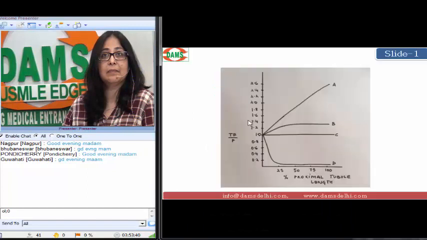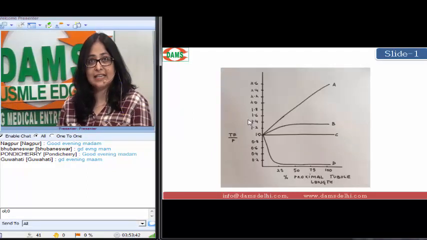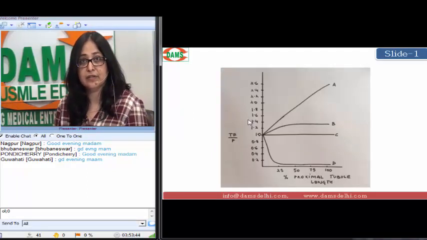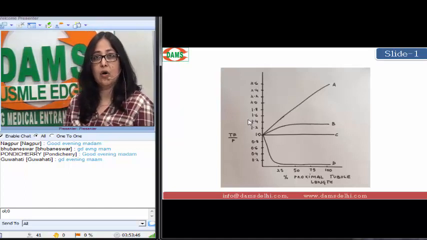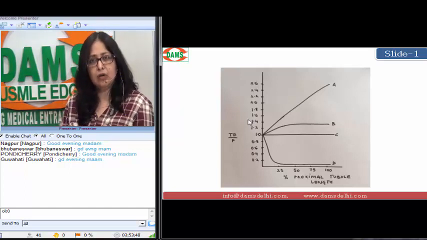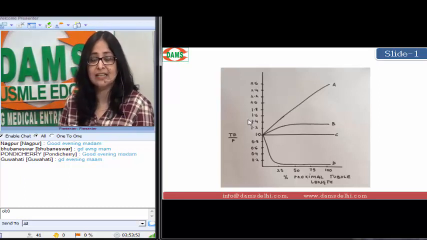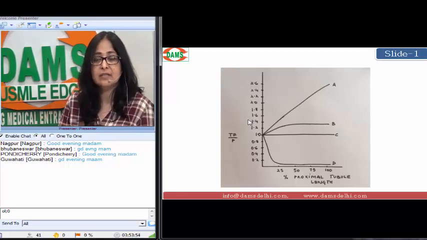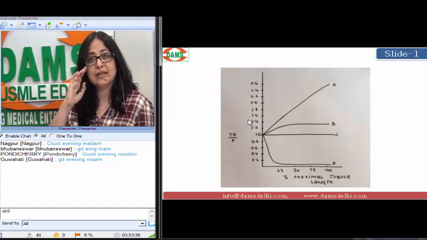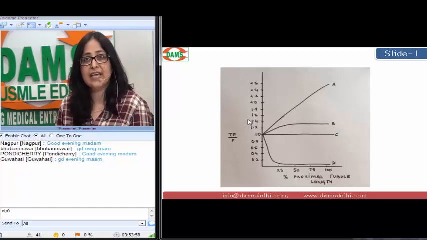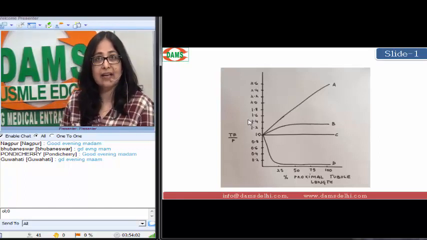All right, so let's have a look at this graph in front of you. A lot of questions from physiology are visual questions, in the sense that they are based on graphs. On the x-axis you've got percentage of proximal tubule length, or percentage of the PCT, and on the y-axis you have the TF by P ratio.